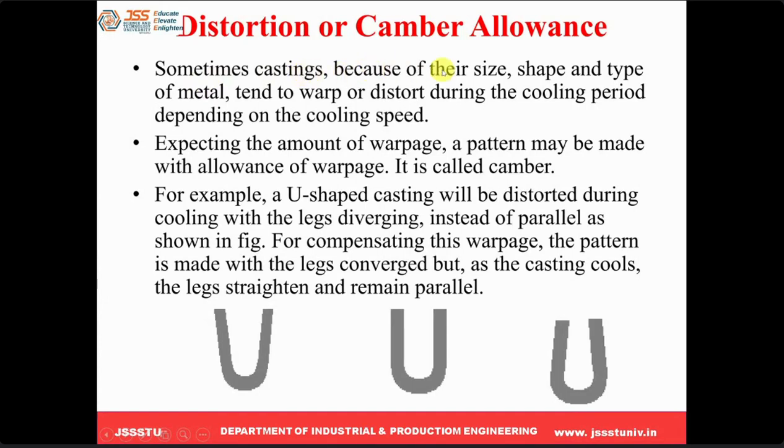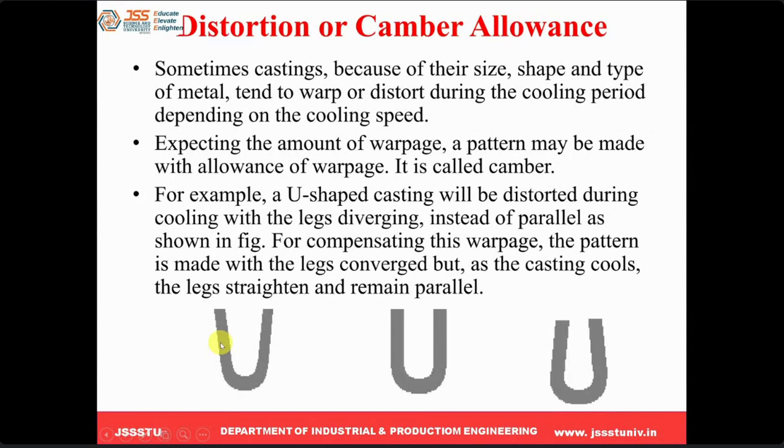Sometimes castings, because of their size and shape and type of metal, tend to warp or distort during the cooling period, depending upon the cooling speed. Expecting the amount of warpage, a pattern may be made with allowance for warpage, which is called camber. Example, a U-shaped casting distorted during cooling, with legs diverging instead of parallel.